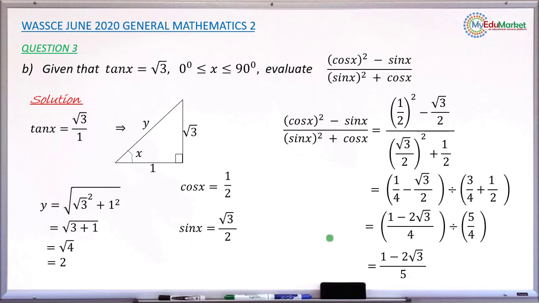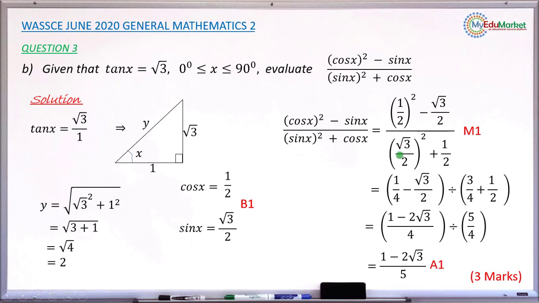So let me quickly share with you the mark distribution for this question as it is done in the marking scheme. The very first mark is a bonus 1 mark, and this bonus mark is for getting cos x and sin x. If both are correct, you have this bonus 1 mark.